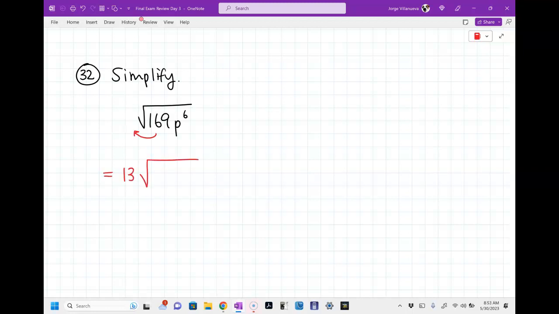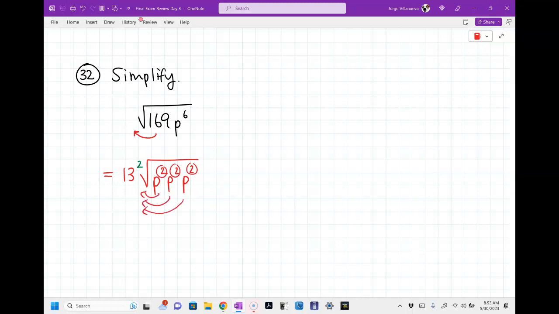Now p to the 6th, the index on this radical here is a 2. This is a square root, okay? So that means I need to rewrite this as p squared, p squared, p squared. That's p to the 6th. But all of these are going to come out.